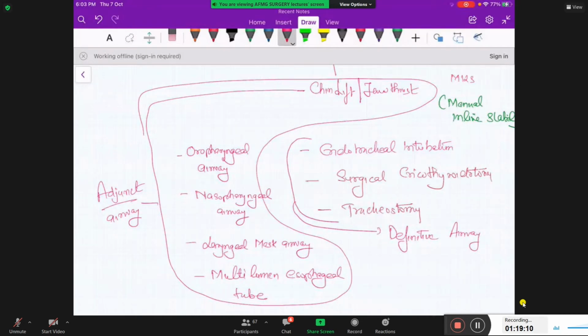Okay, so you can be asked which of the following is an adjunct airway, so you should know these are the adjunct airways we have.